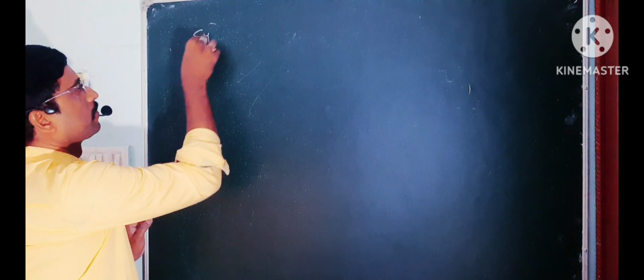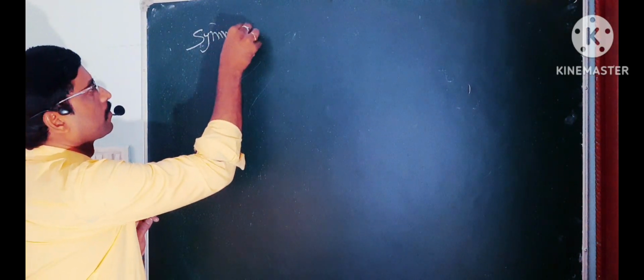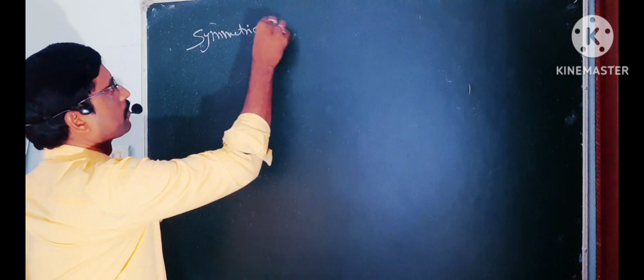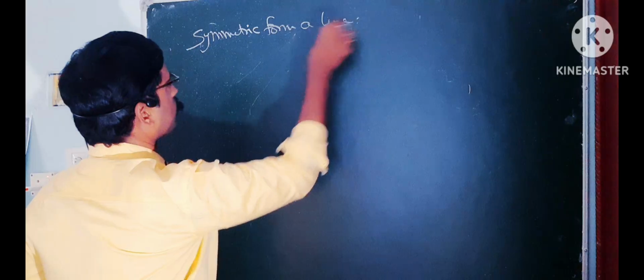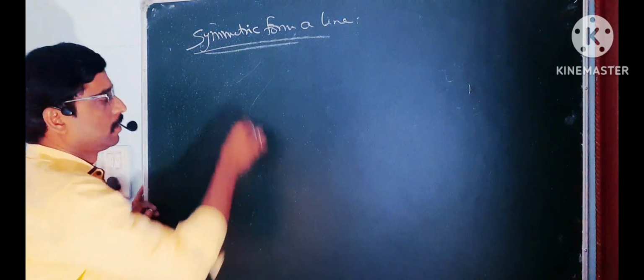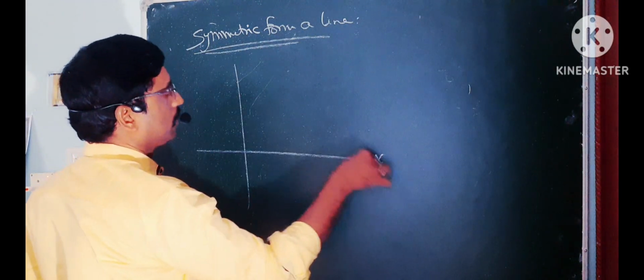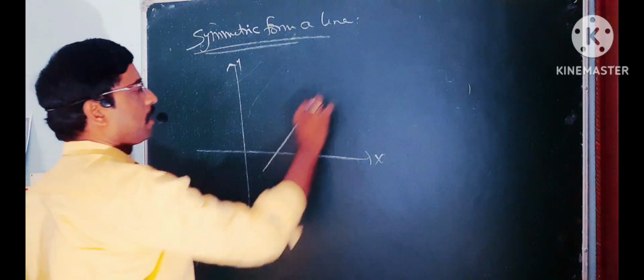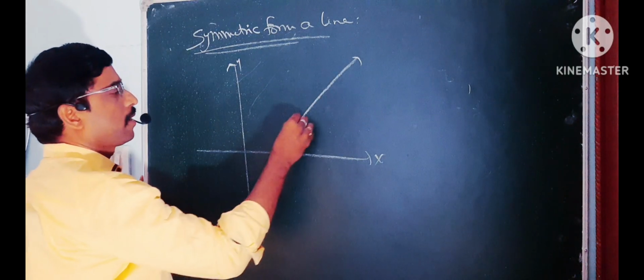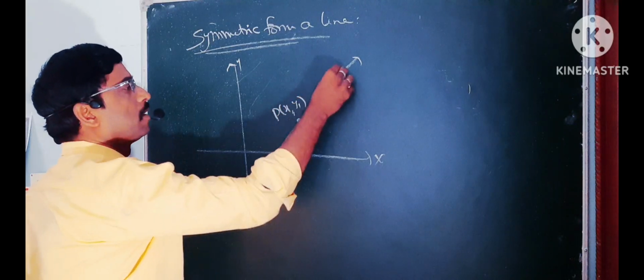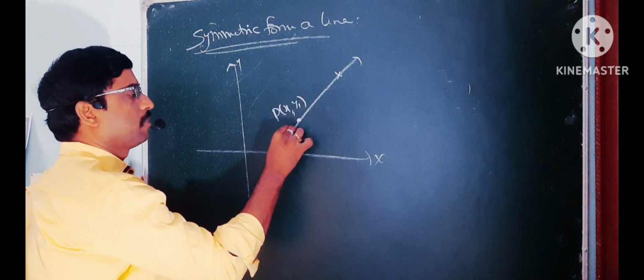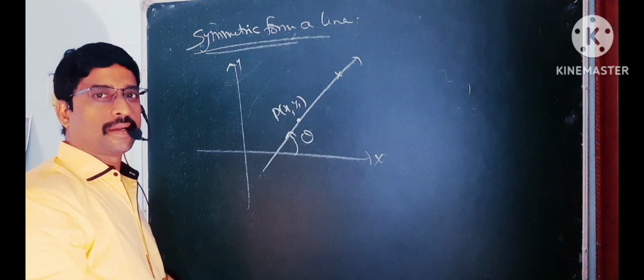Now I am going to explain the symmetric form of the straight line. I am taking one line passing through the point P(x1, y1) and making an angle theta with the x-axis in the anti-clockwise direction.